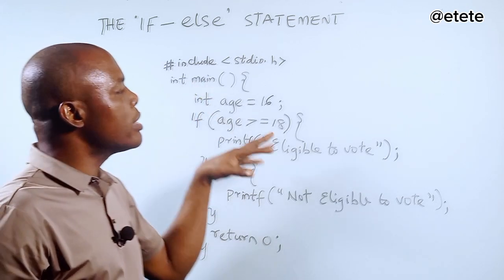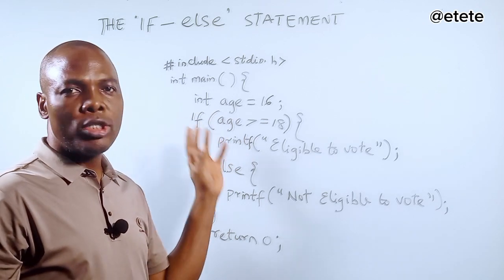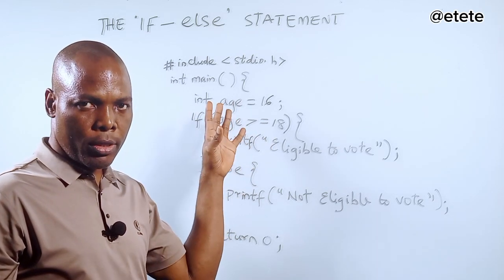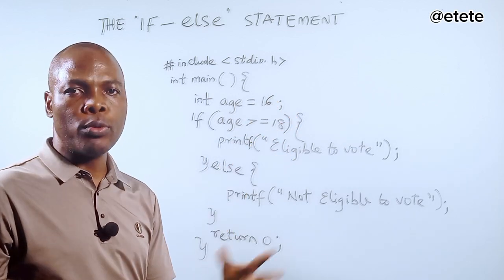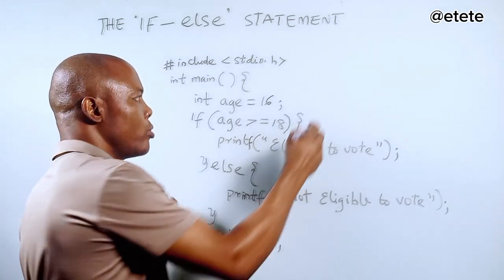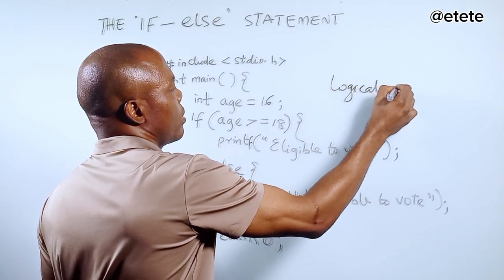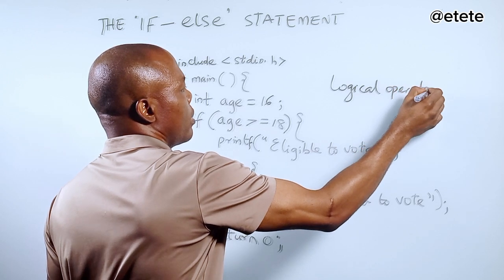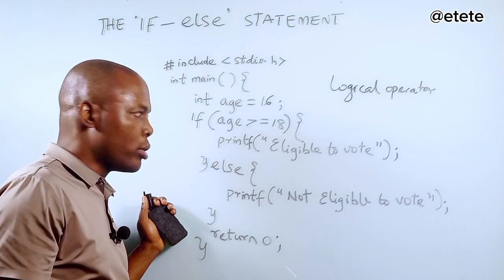Now, all these statements I'm showing you, this is just a very simple application. It can be more complex than this, meaning you can have multiple conditions. In such a scenario, you are going to bring in the logical operator. A situation where I'm going to test multiple conditions.